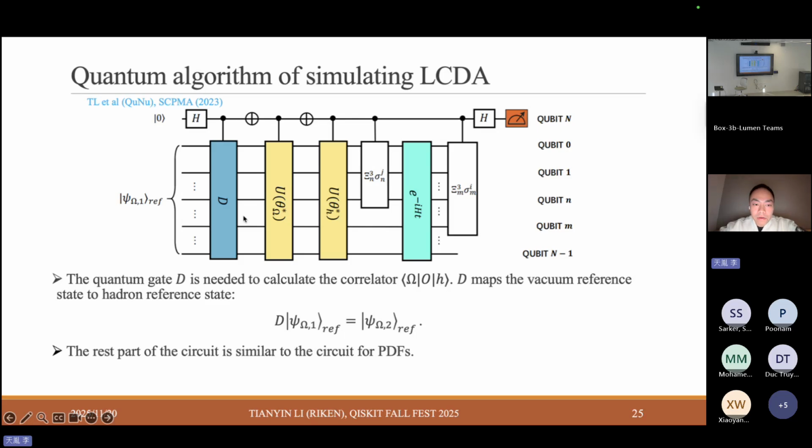So we need a controlled D gate here, and the D gate can map the reference state of the vacuum to the reference state of the hadron.